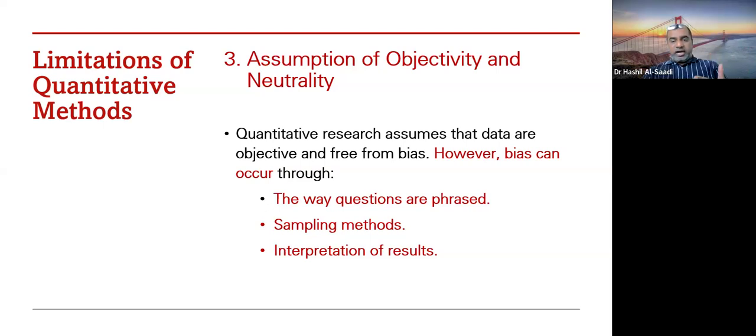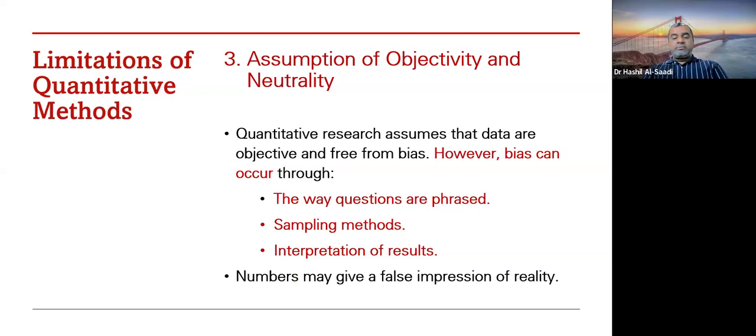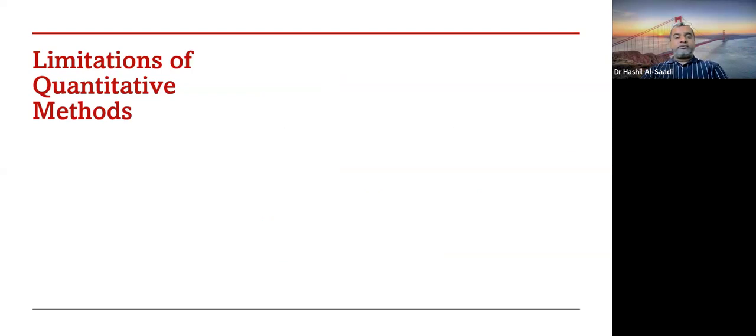We acknowledge bias. But here they say that it is not bias. It's objective, but objective, neutral, these are quite tricky issues. So numbers may give a false impression of reality, of course.